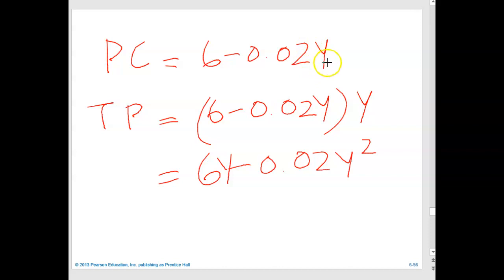If I produce 2 units of y, my profit contribution becomes 5.96, and so on. So it's decreasing with every additional unit of y that I produce. In that case, the total profit, TP, becomes 6 minus 0.02y multiplied by y, and that expands to 6y minus 0.02y squared.